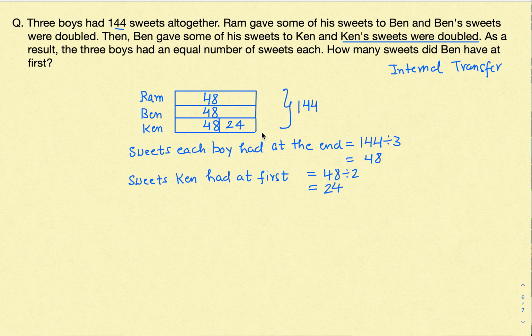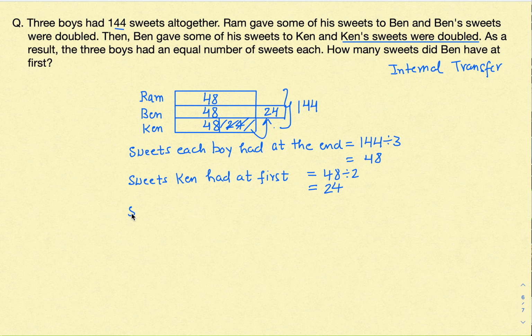So since we are working backward, let's push this amount back here. Let's remove this 24 from here and add this 24 here, right? So what do you think? How many sweets was Ben having before he had given any sweets to Ken, right?